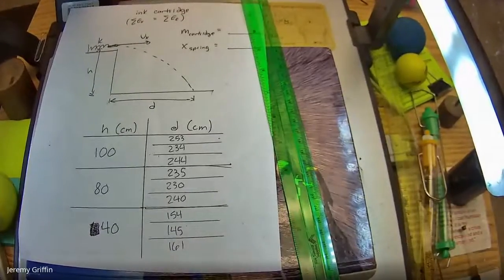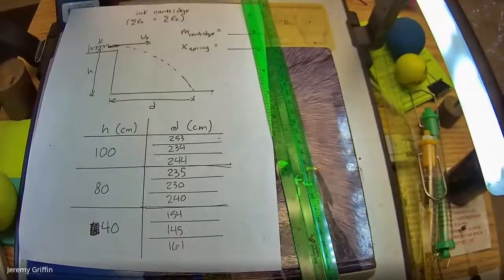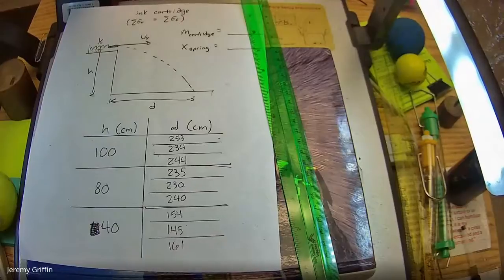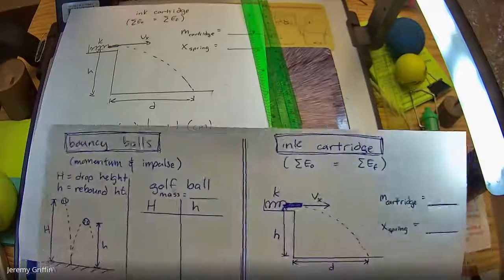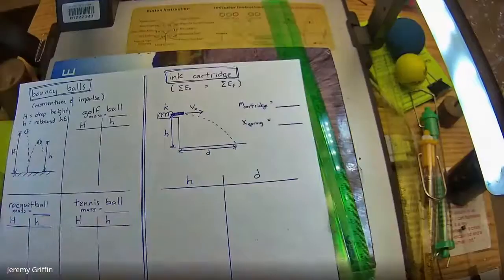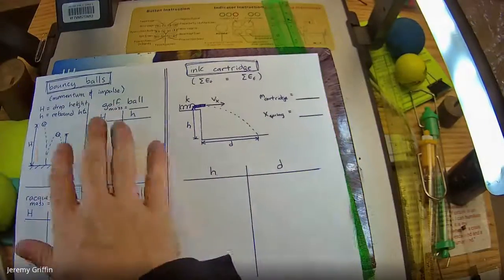All right, and time we're going to class. We've got a good 20 minutes in here. All right, so this is what we do: like I said, you have a choice of which of the last 2 labs you want to do a write-up on, and also what question you want to ask. What question you ask is up to you. For the bounce balls, I can think of several good questions.